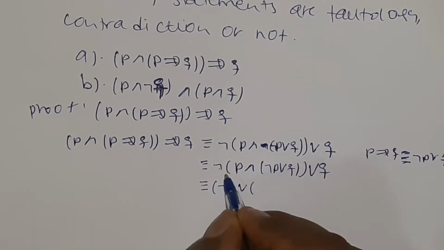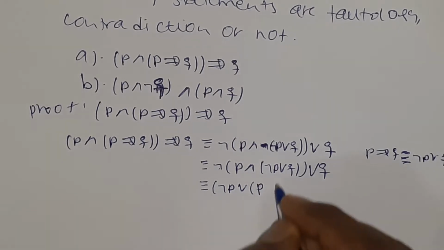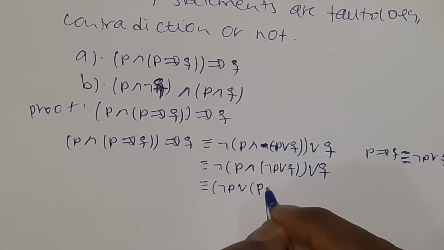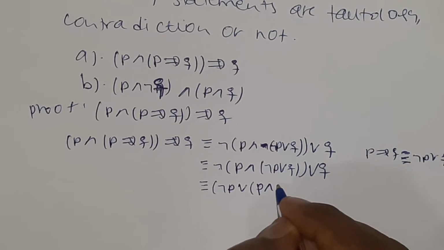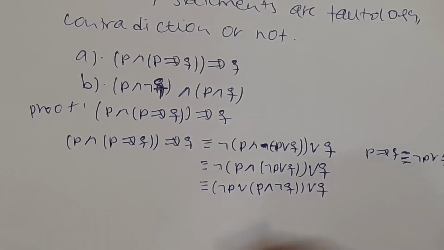Then a negation of negation is positive, that is P, so that this must be changed into negation. And then negation of Q or Q.